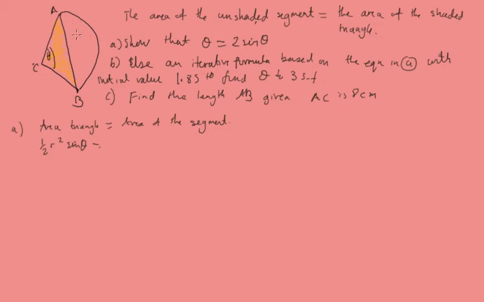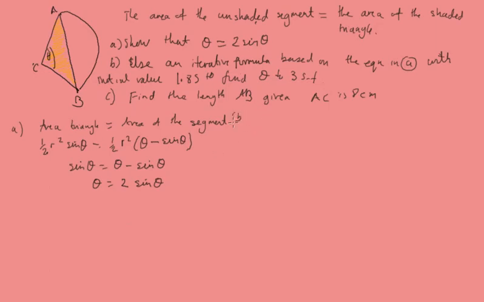And we know from our studies of circles that the segment area is half r squared (theta minus sine theta). Now we can divide both sides by half r squared, so sine theta equals theta minus sine theta. And now we can rearrange this to give us theta is equal to 2 sine theta. And that's what we wanted.